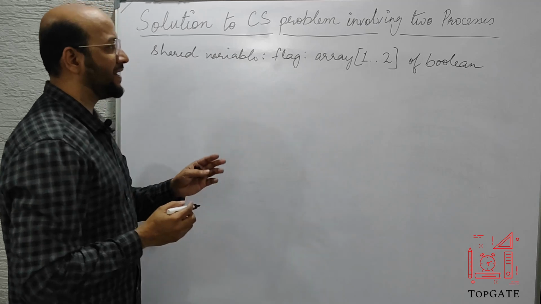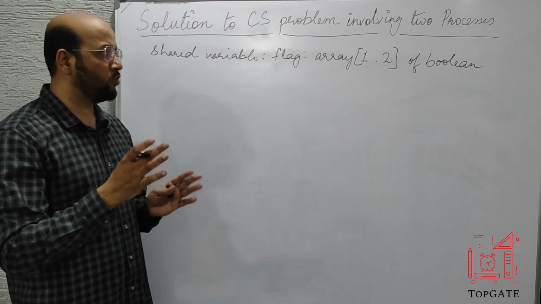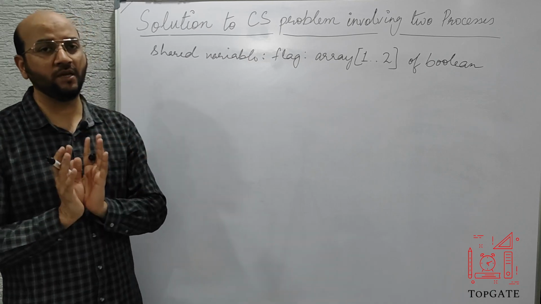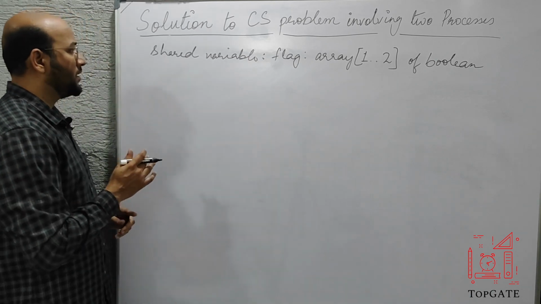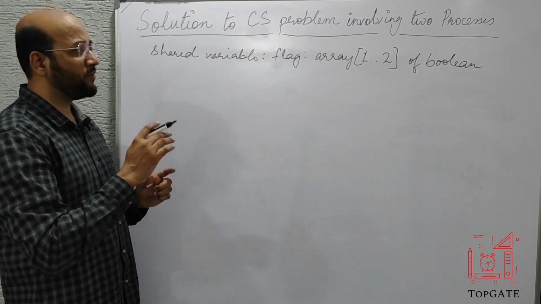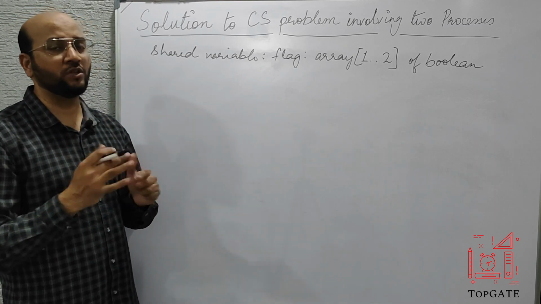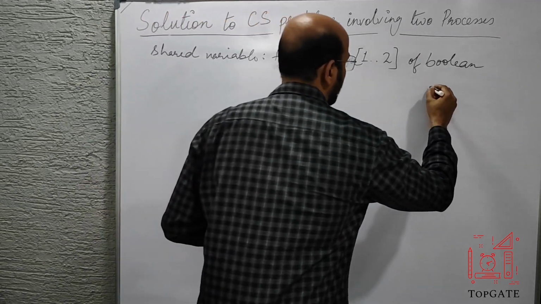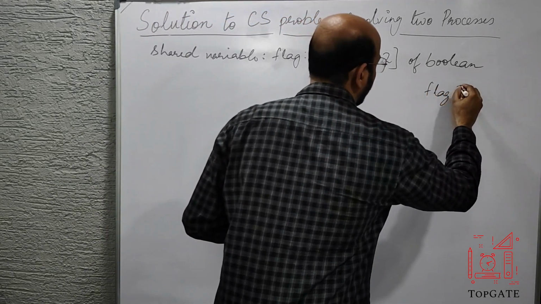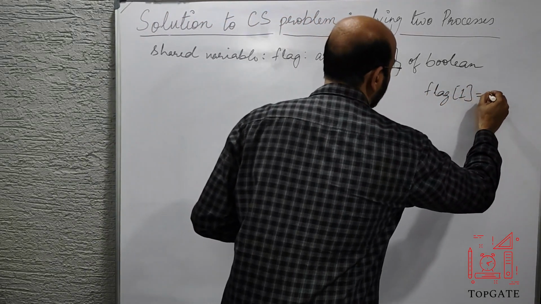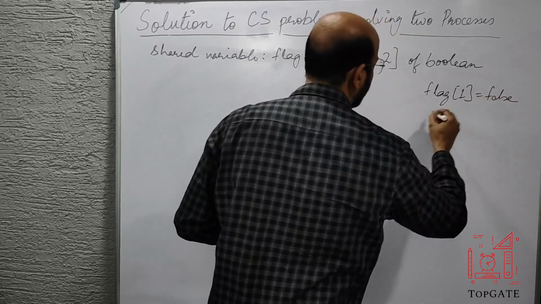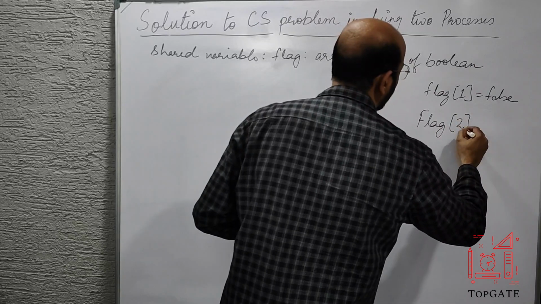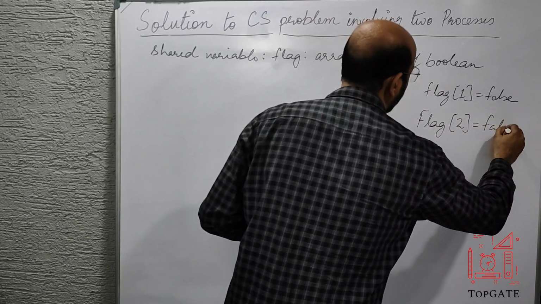Clear? That is, it can have only two values, true or false. So flag 1 can be true or false, flag 2 can be true or false. So let's assume that initially the values of flag 1 and flag 2 both are false. So I'll write it here. So initially flag 1 is set to false and flag 2 is also set to false.